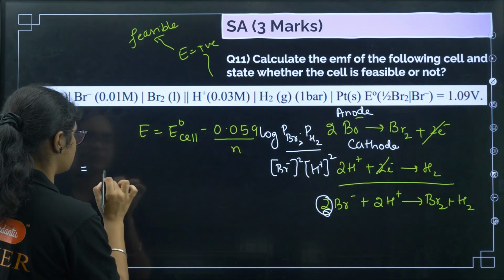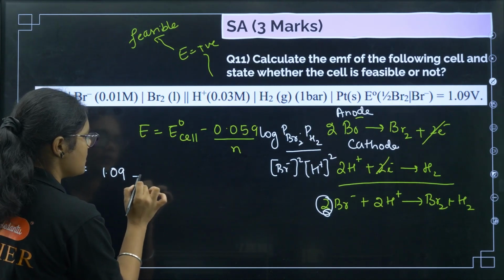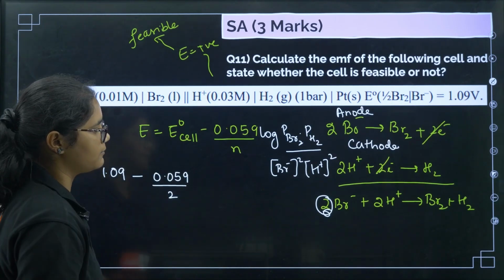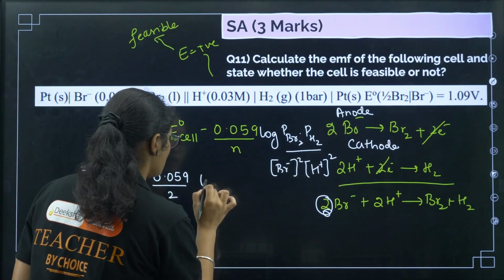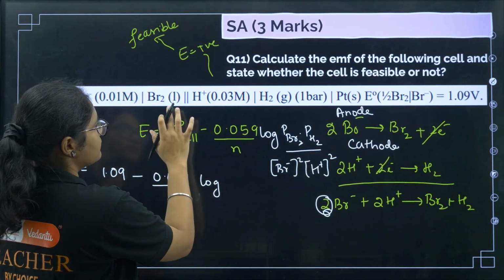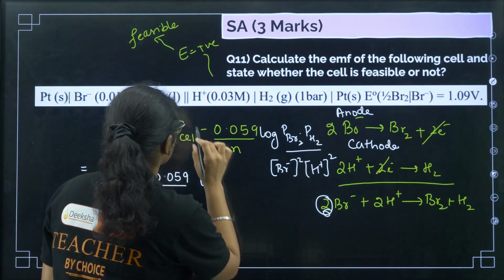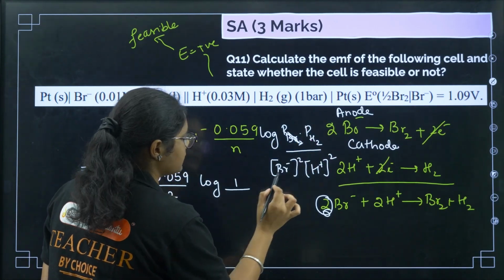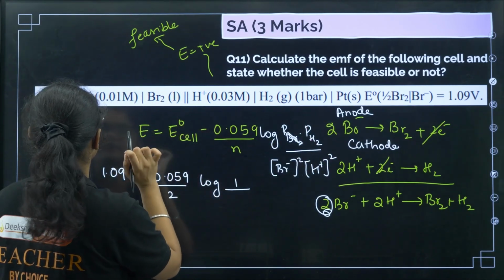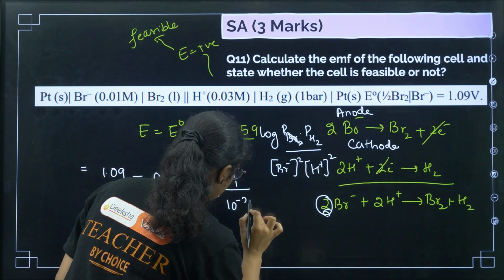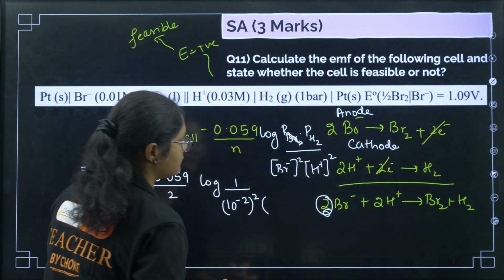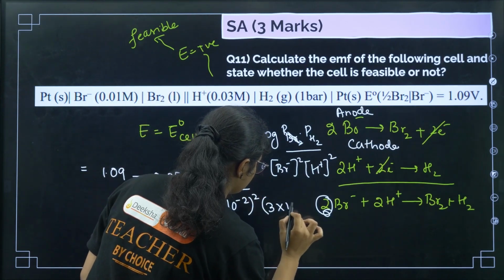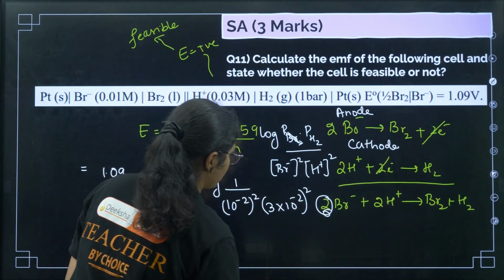E naught value is already given, 1.09 volt, minus 0.059 by n, where n is 2 here, the number of electrons used, then log of the pressure of bromine. Bromine is liquid, so no need to take its pressure. Hydrogen is 1 bar. Then the Br- concentration is 10 to the power of minus 2, squared, divided by the H+ concentration, 3 into 10 to the power of minus 2, squared.